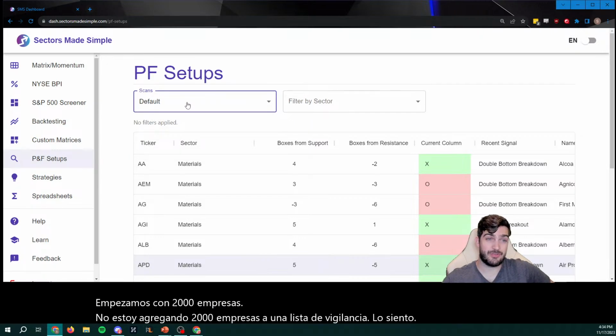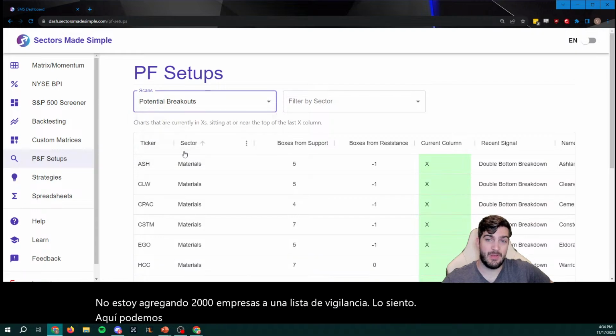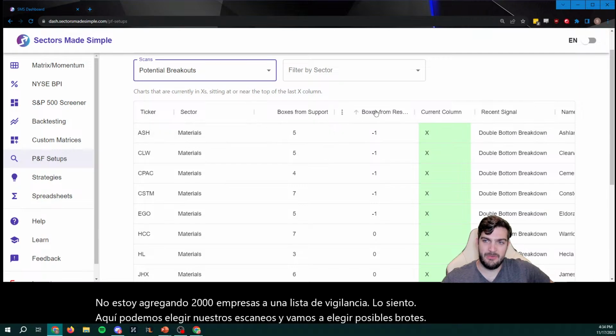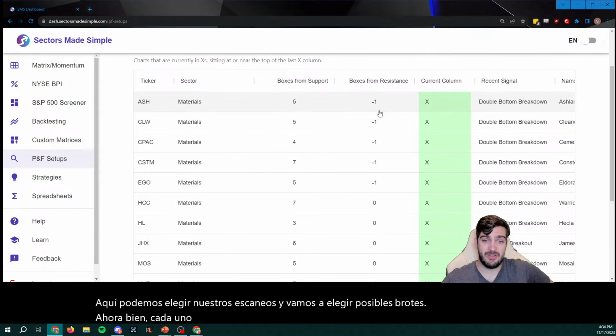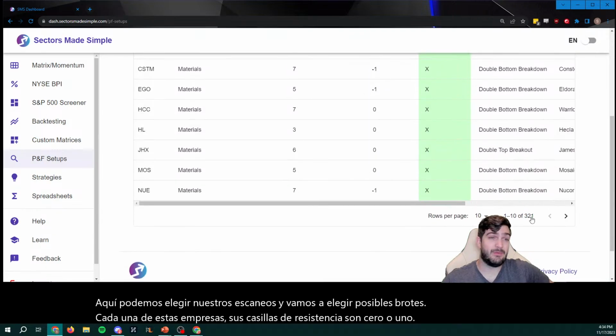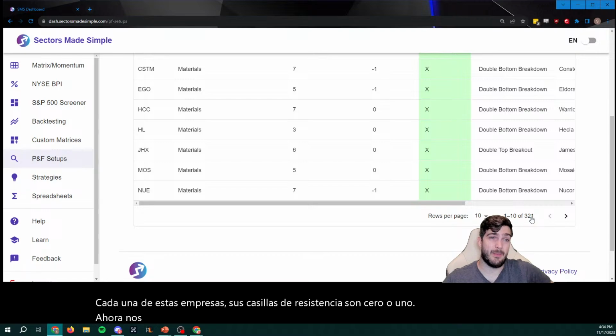Here, we can choose our scans. We're going to choose potential breakouts. Now, every one of these companies, their boxes from resistance is either 0 or 1. We are now down to 321 companies. Still quite a bit.